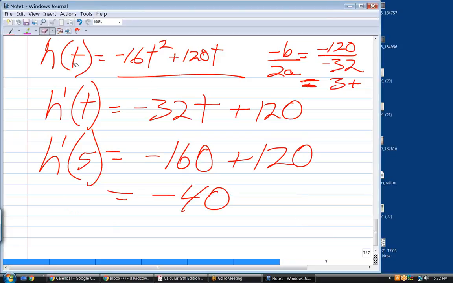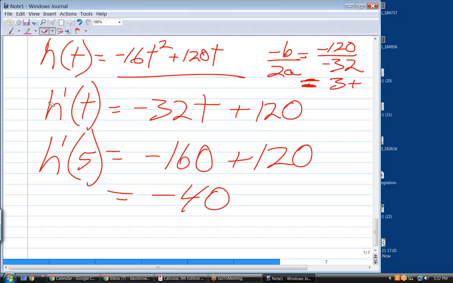But this is pretty useful for determining where it reaches its height, how high it is, and what time it hits the ground. It's going to hit the ground when this is 0, right? So just plug in 0 and solve, and that's when it hits the ground.